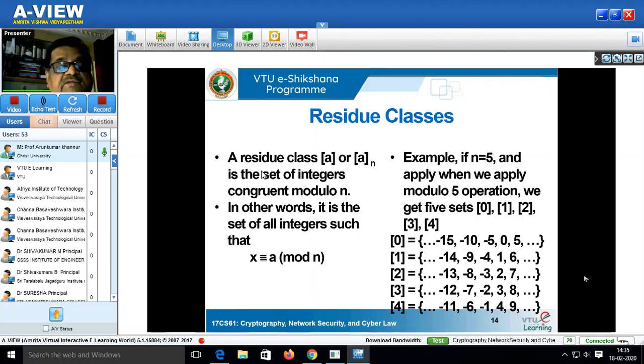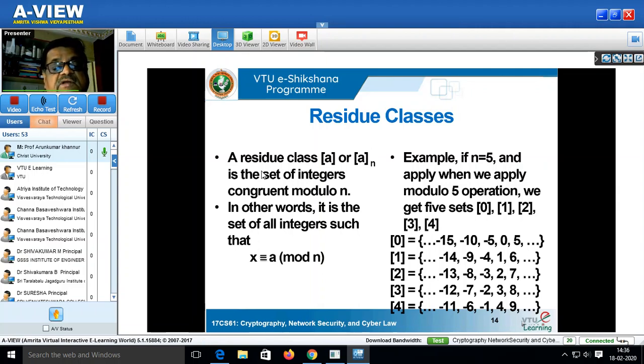When we carry out this, we will get a specific value. For example, if you look here, it is the set of all integers x such that x is congruent to a mod n. Mod n represents the congruence operation here. Now, based on the value of n, we are going to get a number of residue classes here.